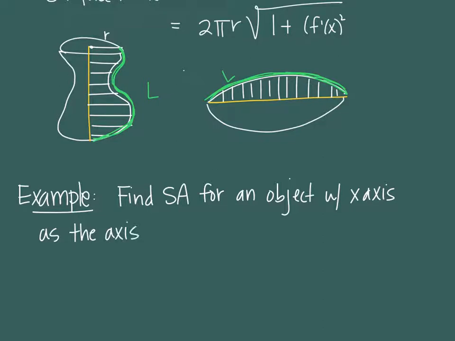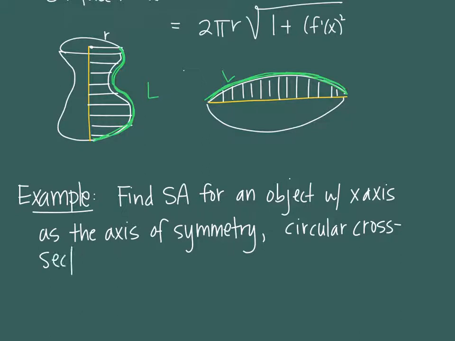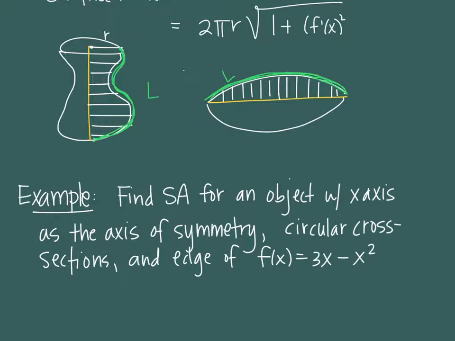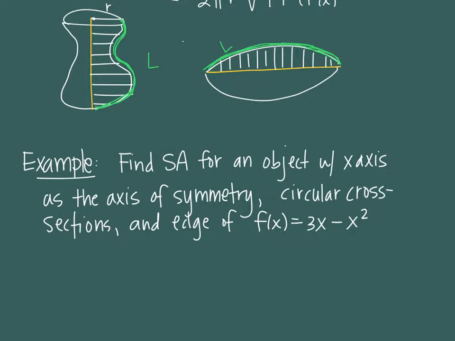So the x-axis goes to the center. Circular cross sections. And edge of f of x equals 3x minus x squared. And we'll do it on 0 to 3.